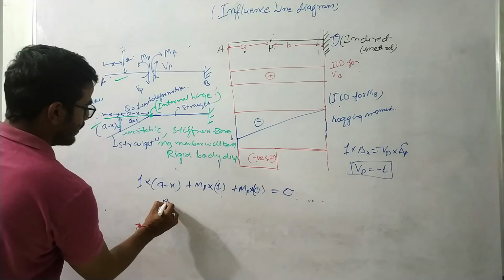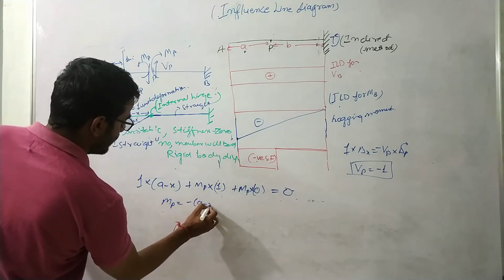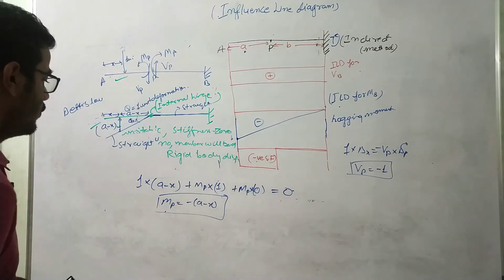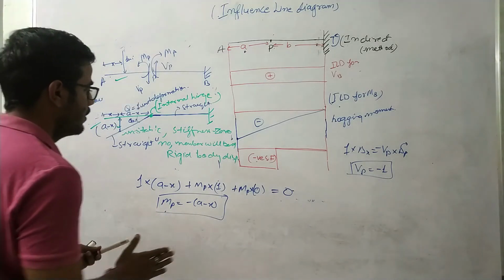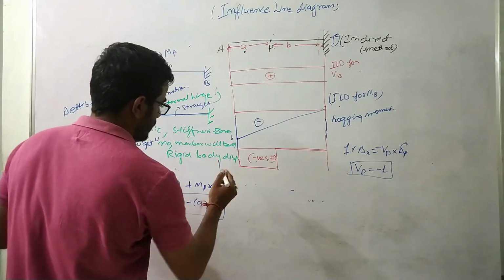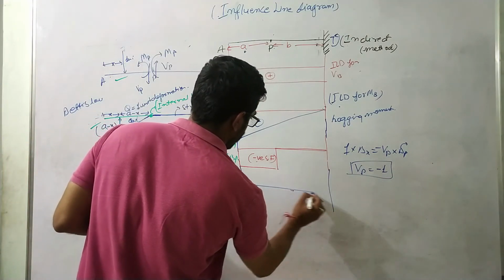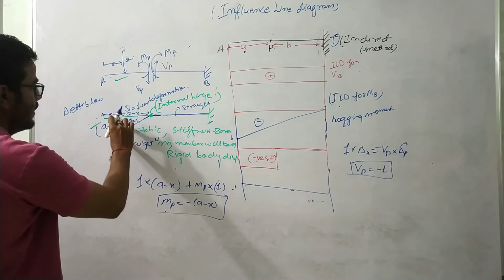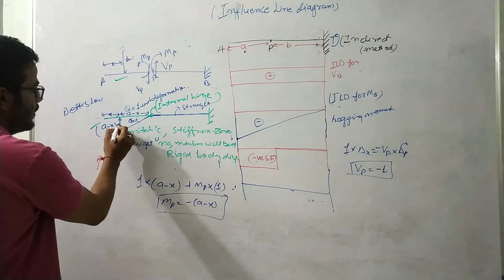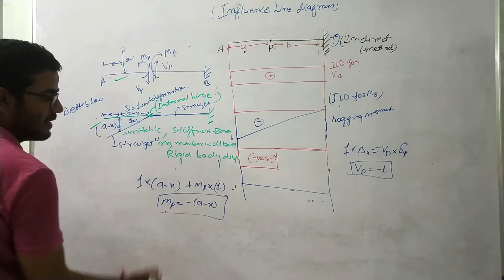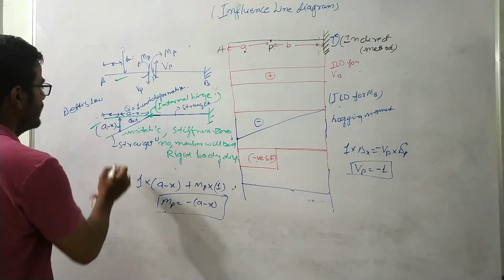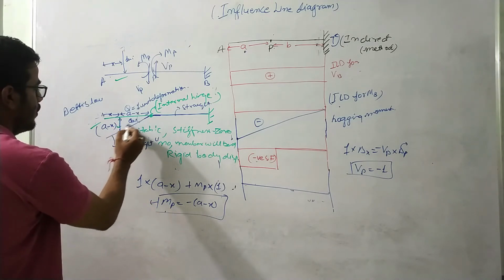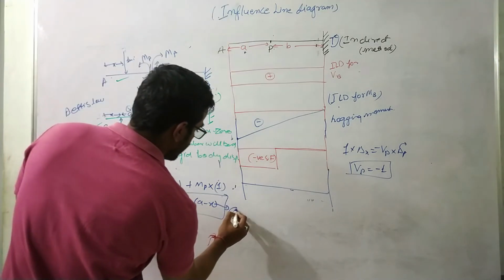So here you can write that MP is equal to minus of minus x, which means that the ordinate at a distance x is minus x, with negative sign. So this MP value corresponds to the ordinate of the elastic curve.